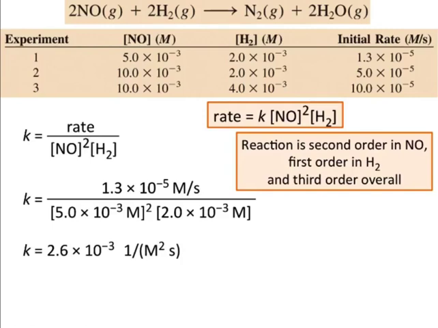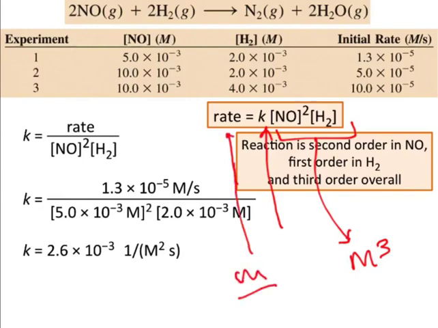Another funky thing about rate law constants, K, is that the units depend on the overall reaction order. Remember, a constant's job is to make the units work. On this side, effectively you have molar cubed, because there's molarity squared times molarity. And on this side, the rate needs to be molar per second.